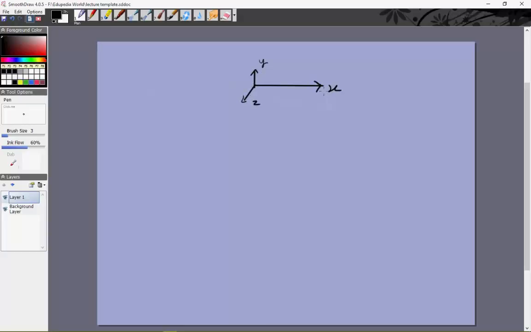The characteristics of an electromagnetic wave are that the electric and magnetic field are both perpendicular to the direction of propagation and they are perpendicular to each other, right? So if this is the direction of propagation and we assume that y is the direction of electric field, then z automatically has to be the direction of magnetic field.